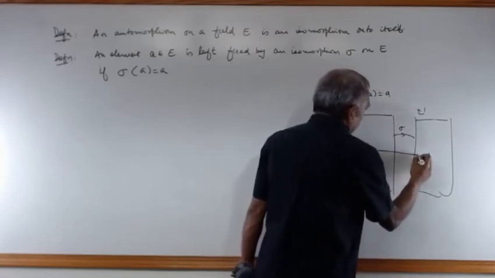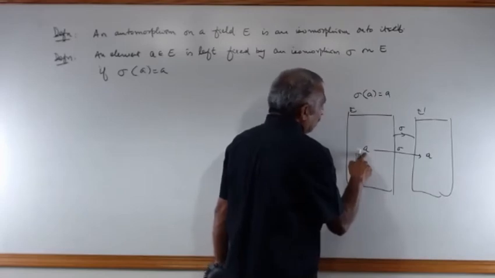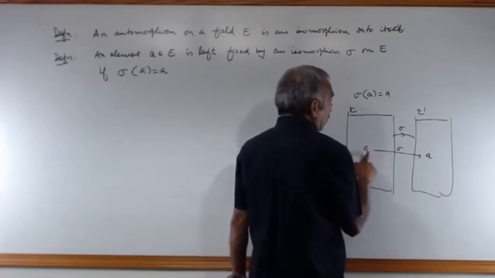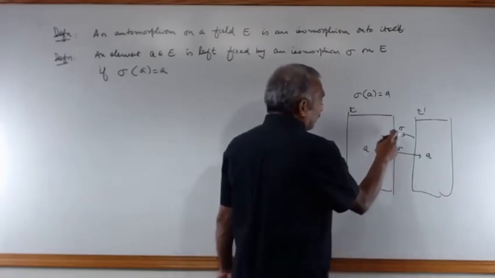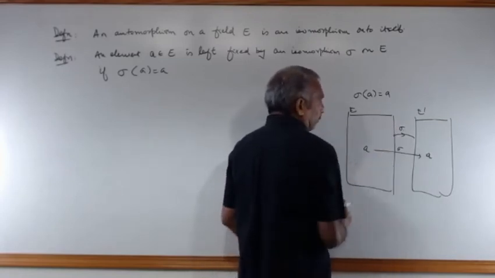This is mapped to this by sigma. Then the element is called left fixed by sigma. Meaning this sigma does not move a with this mapping.